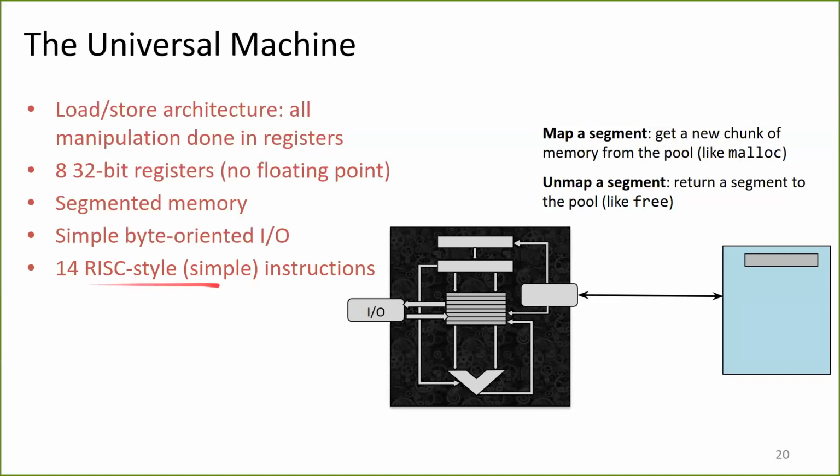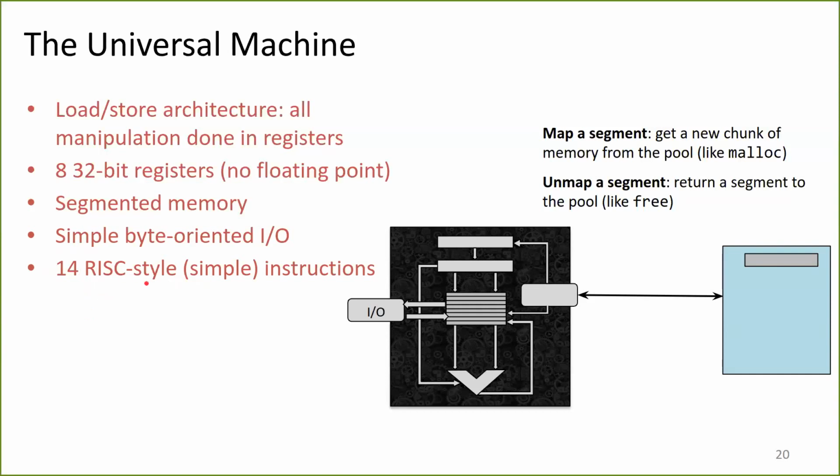Basically, we say that an instruction set is RISC style if we just have a few extremely simple instructions. Simplicity is things like adding, subtracting, multiplying, stuff like that. And this is in comparison to CISC style. You just replace the R with a C, which would stand for complex instruction set computer.